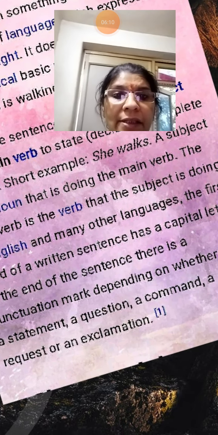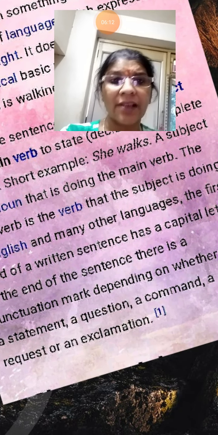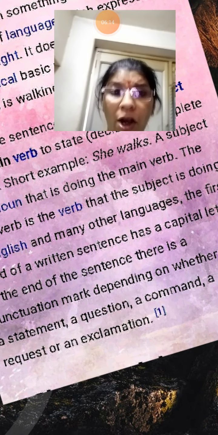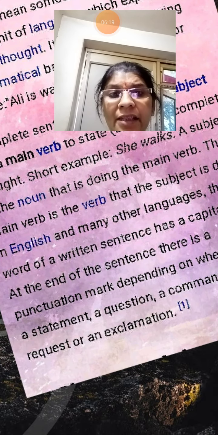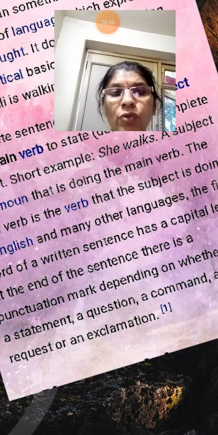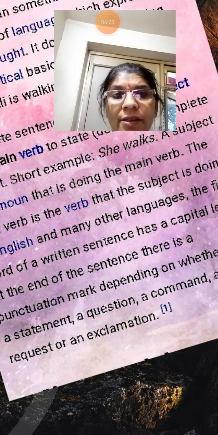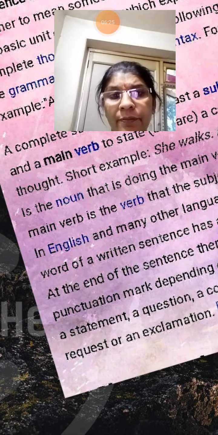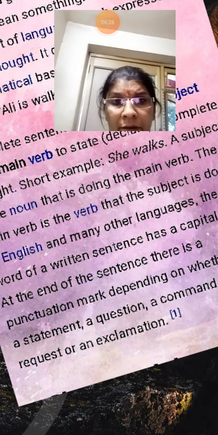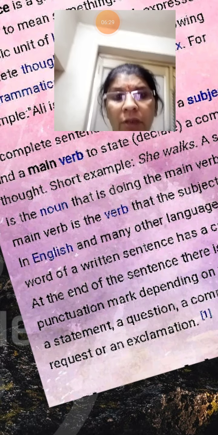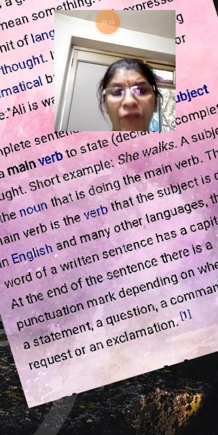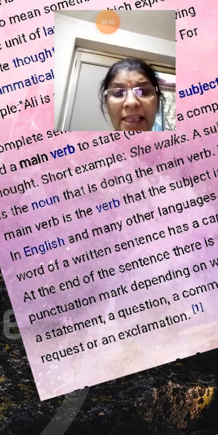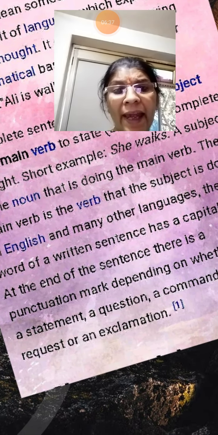A short example: She walks. A subject is the noun that is doing the main verb. The main verb is the verb that the subject is doing.